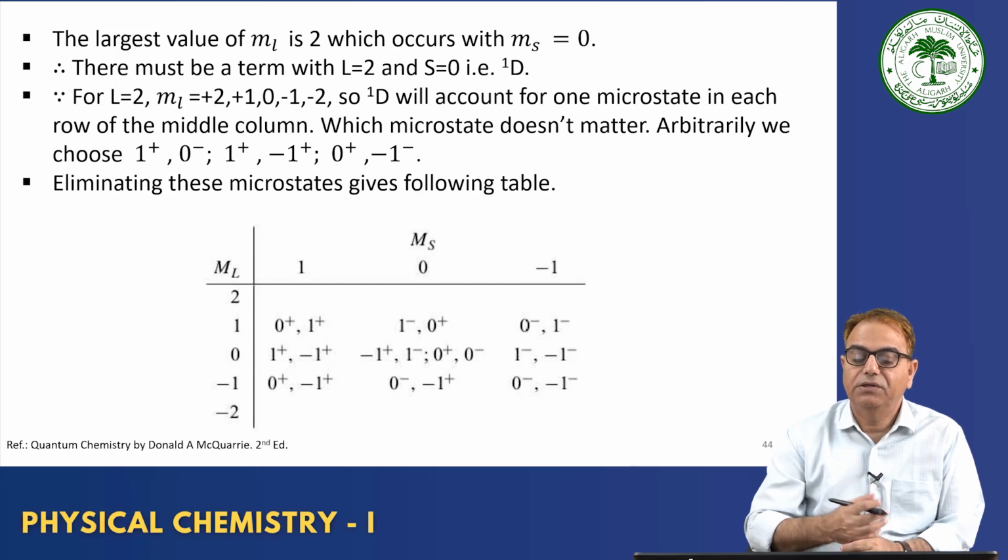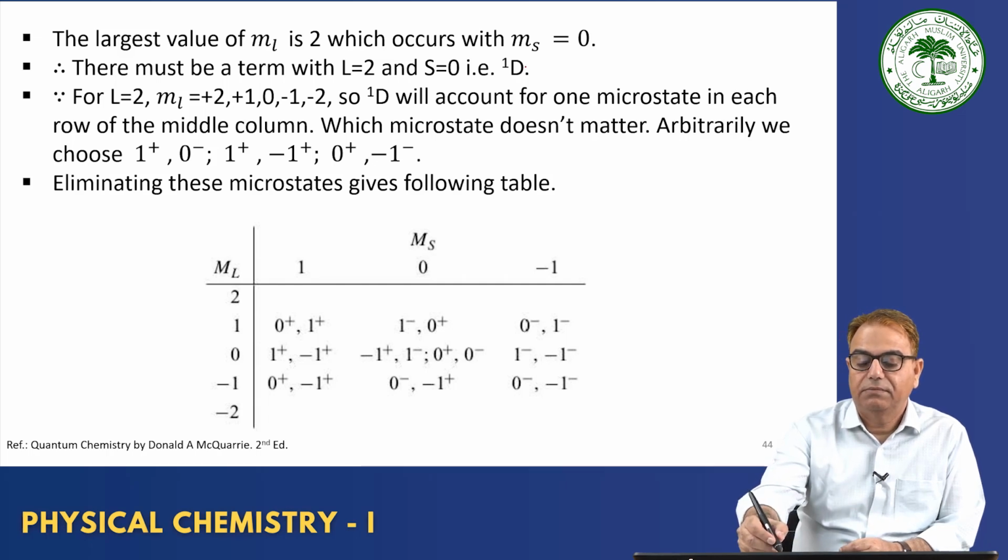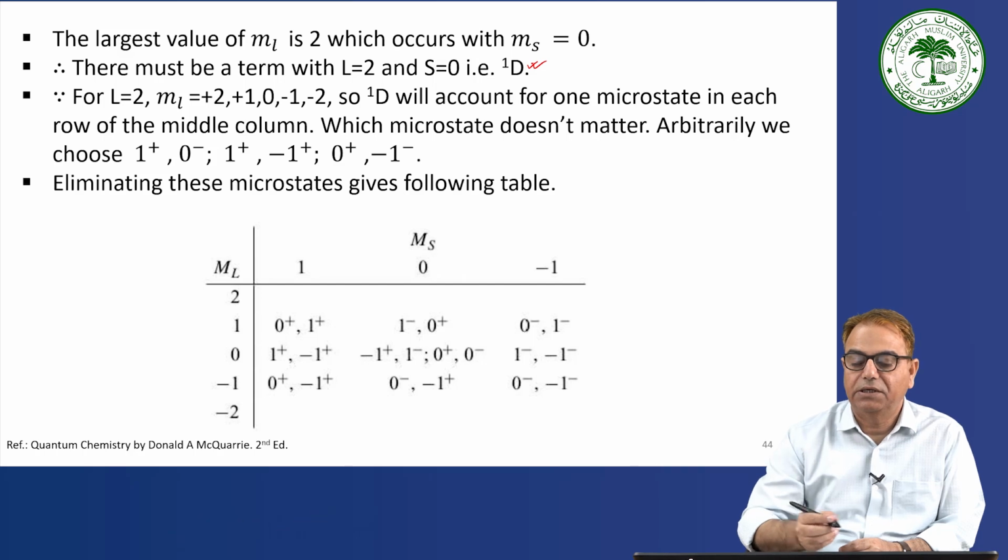So if ml is equal to 2, then capital L is equal to 2 and S is equal to 0, and this will be the singlet D term, as I said in the earlier table. Capital L equal to 2 means D symbol, and S equal to 0 means spin multiplicity 2S plus 1 will be equal to 1.